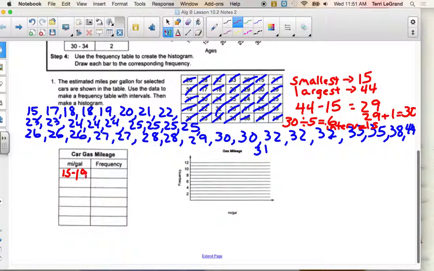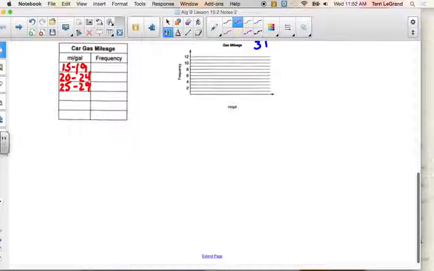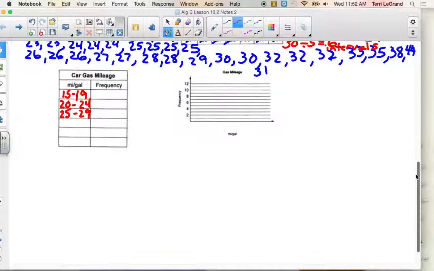Okay. So the next interval would start at 20 and go to 24. Think of it like this, you're really just adding 4 every time. The next one starts at 25 and goes to 29.